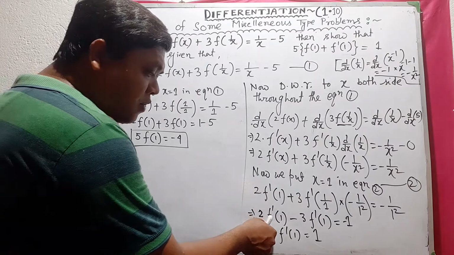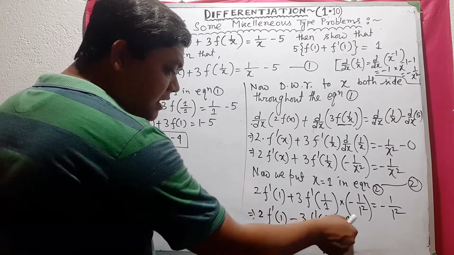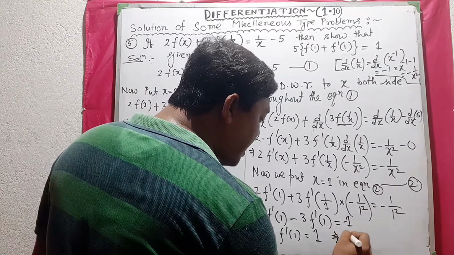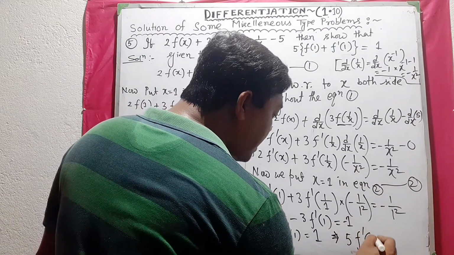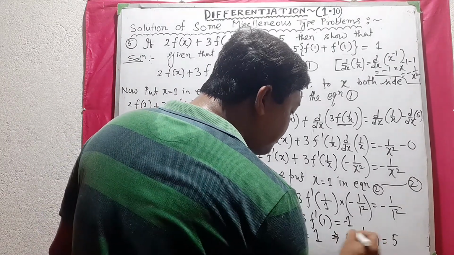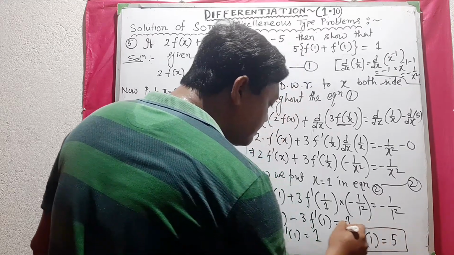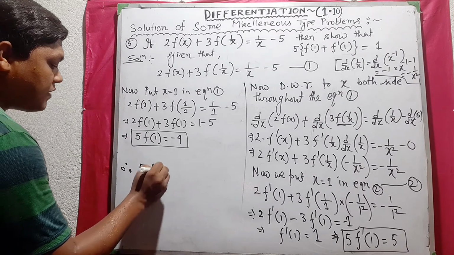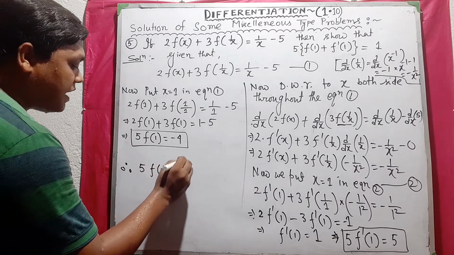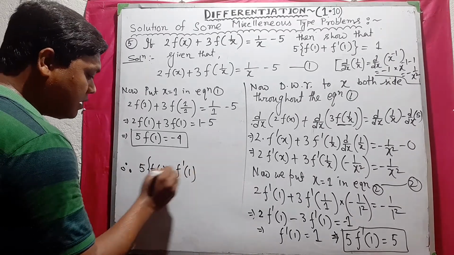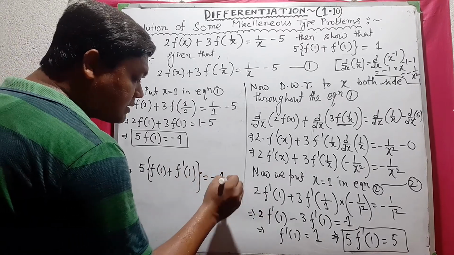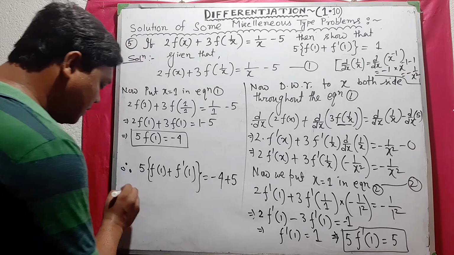Because minus 2f' minus 3 minus f', and minus minus cancel, f'. So 5f'(1), if I multiply, 5f'(1) equals to 5. So therefore 5 into f(1) plus f'(1) equals to minus 4 plus 5.